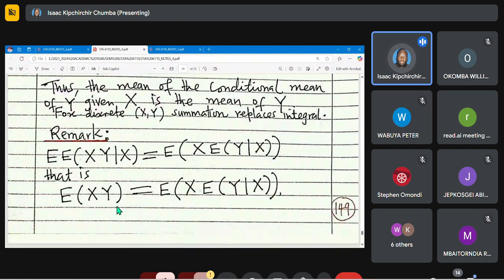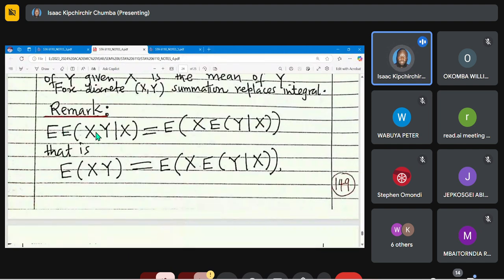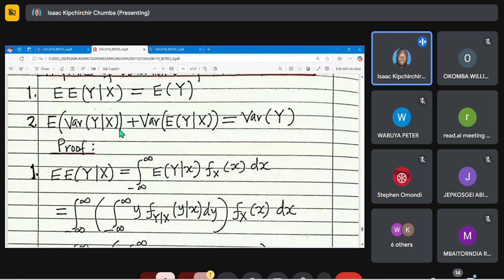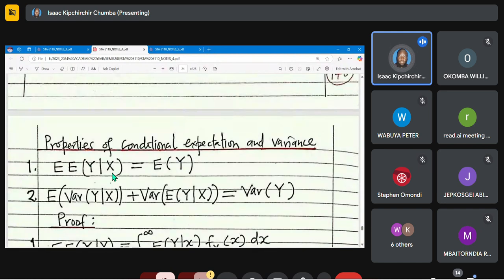But using again, we have said expected of xy given x is just expectation of what you have here. The way we have used the result, this expected of y given x is just expected of this.